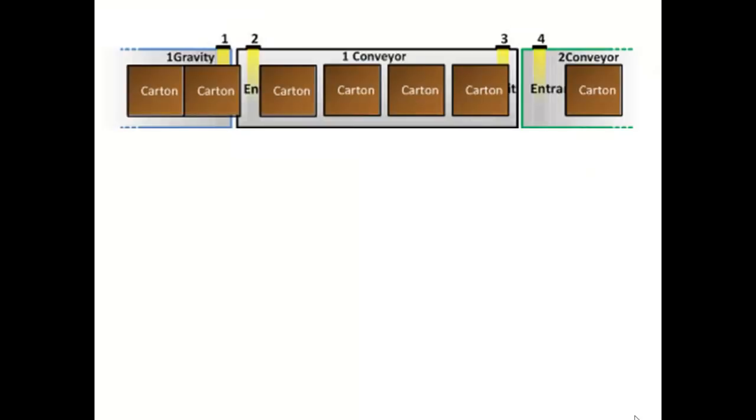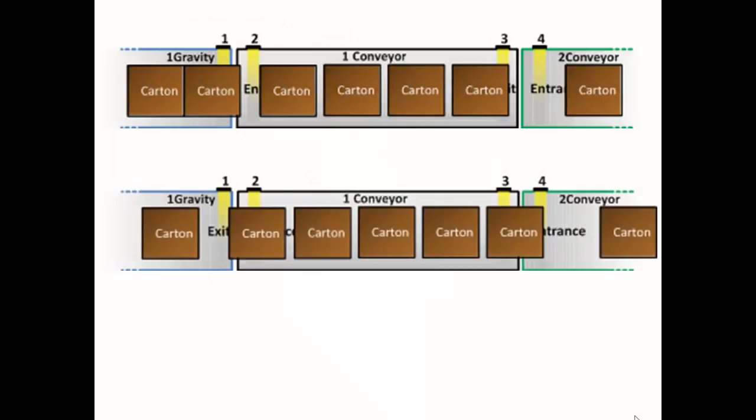So in this case, there are 4 cartons on one conveyor. 2 conveyor has stopped, so the cartons just stack up at the lower end of one gravity with one unblocking photo I1. But again, they're not going onto one conveyor because one conveyor can't run because 2 conveyor is not running. Okay, so 2 conveyor takes off, and when it does, it pulls a carton.